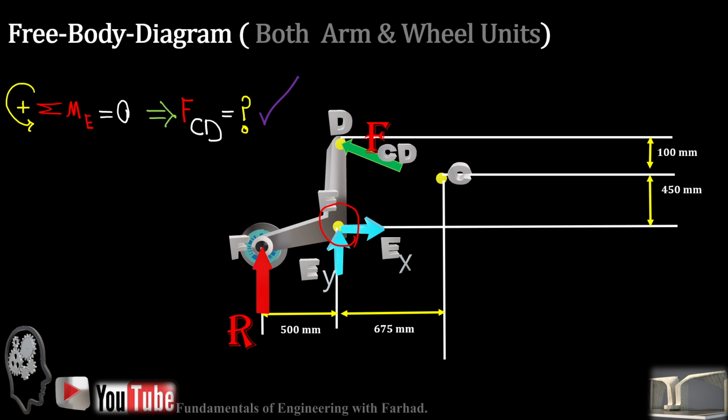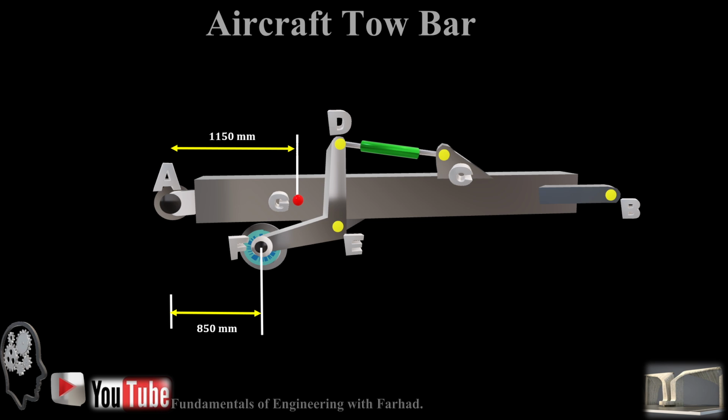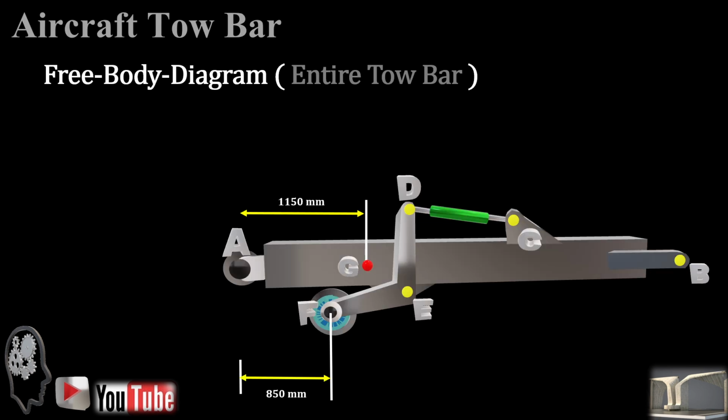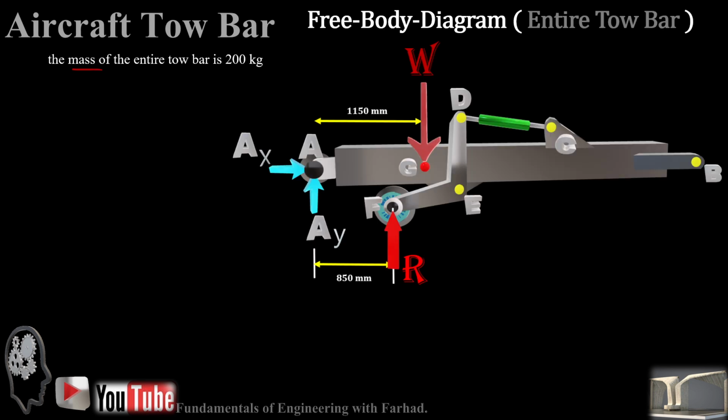That was the big picture of the problem. Now let's jump to the details of calculation. First, the free body diagram for the entire tow bar system, and summation of moment about point A goes zero to get the force R at F. We do know the mass of the entire tow bar is 200 kg.